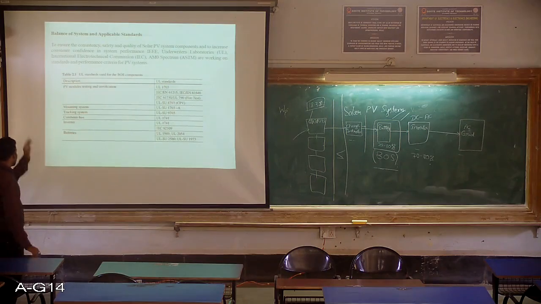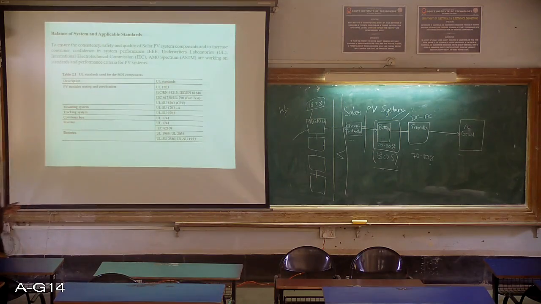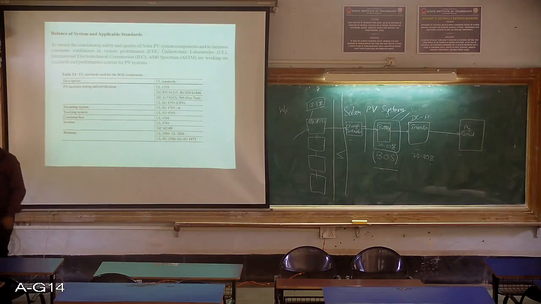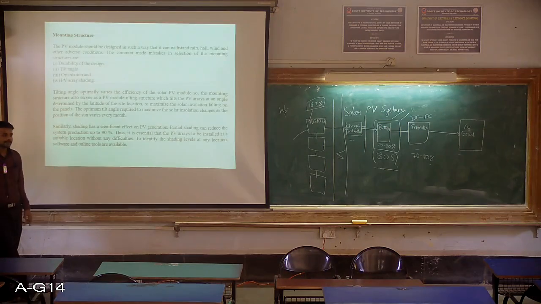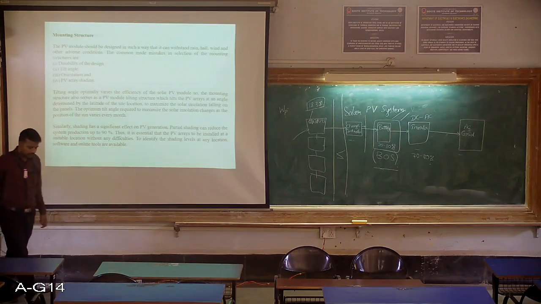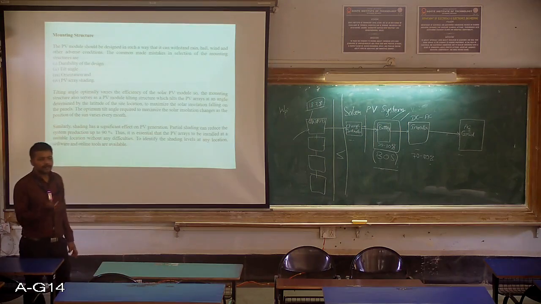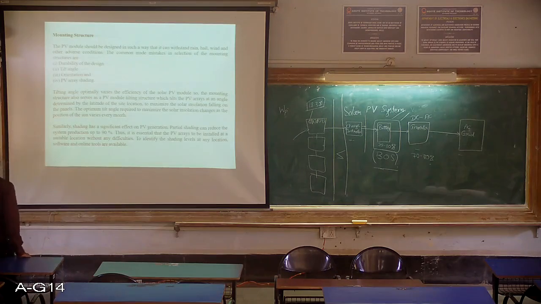These are the standards available for PV modules, mounting system, tracking system, combiner box, inverters and batteries. By referring to these standards we can install the solar system properly, and during erection and installation we should follow them.